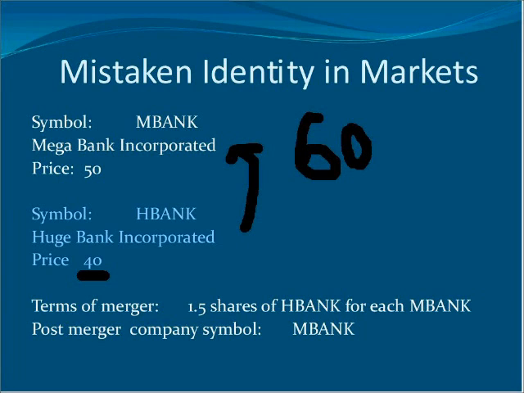So the date that this happens, let's say it's here, going forward, every time we look up Megabank's price, we're going to actually be getting the price of the new entity, which is this stock. All the prices going forward would reflect the fact that HBANK now took over the name Megabank.